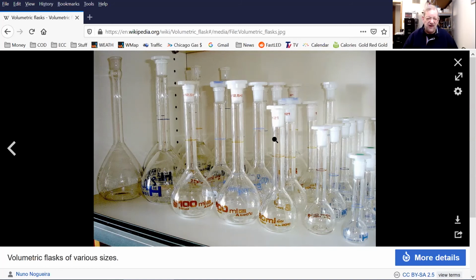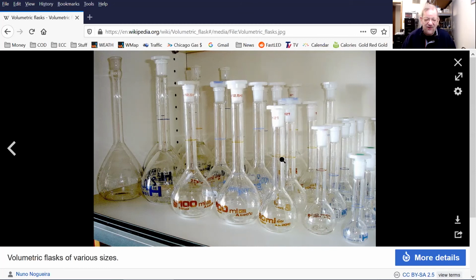They come in different sizes, usually multiples of 5 or 10. And what you do is you put in some water about halfway, then you put in your solute, then you fill the water or your solvent up to this line, just like a graduated cylinder.